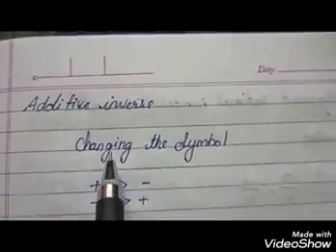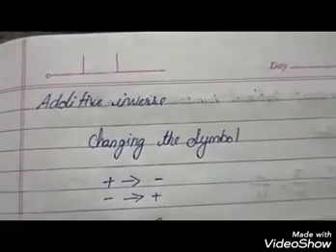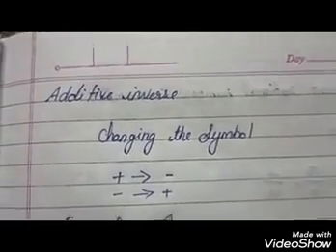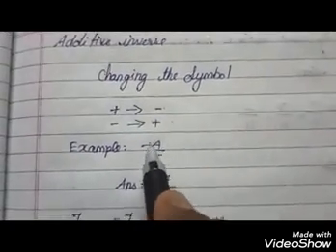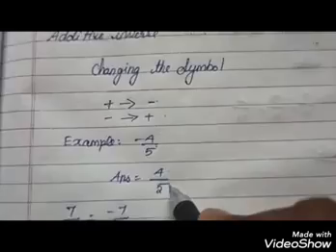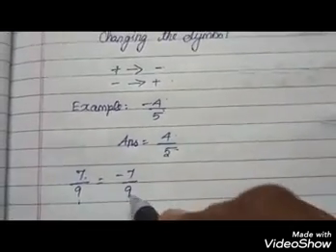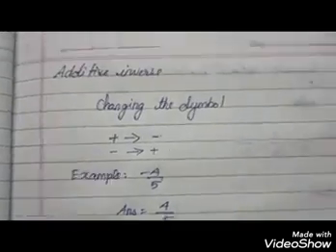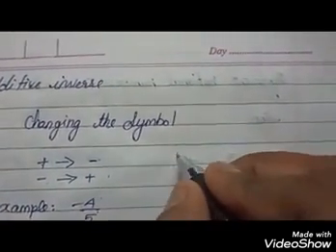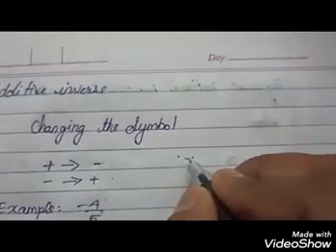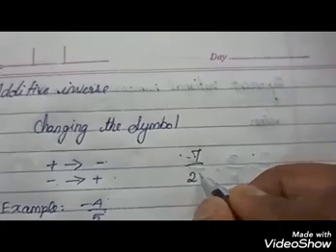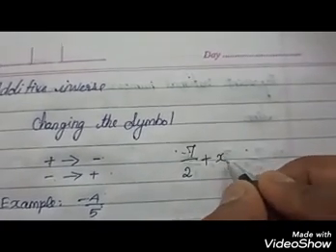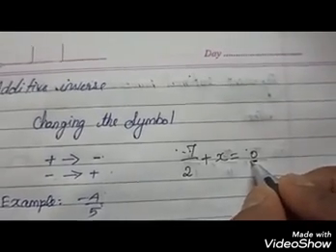Next we move on to additive inverse. Additive inverse is nothing but changing the symbol. Plus becomes minus, minus becomes plus. So minus 4 by 5 becomes 4 by 5, and 7 by 5 becomes minus 7 by 5. Or else, if you add two values, you need to get 0. For example, 7 by 9 plus something, you get 0, because this is the additive identity.